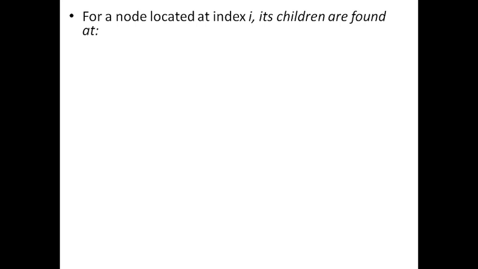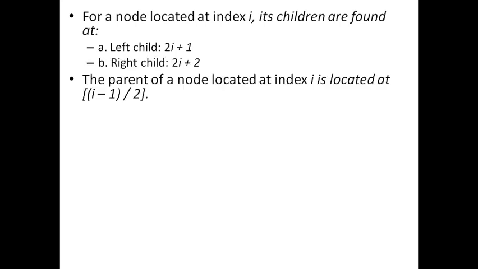This is the way we are going to represent the heap tree for the parent and the children. At every level, if the parent is at i, then its left child is at 2i plus 1, and the right child is at 2i plus 2.